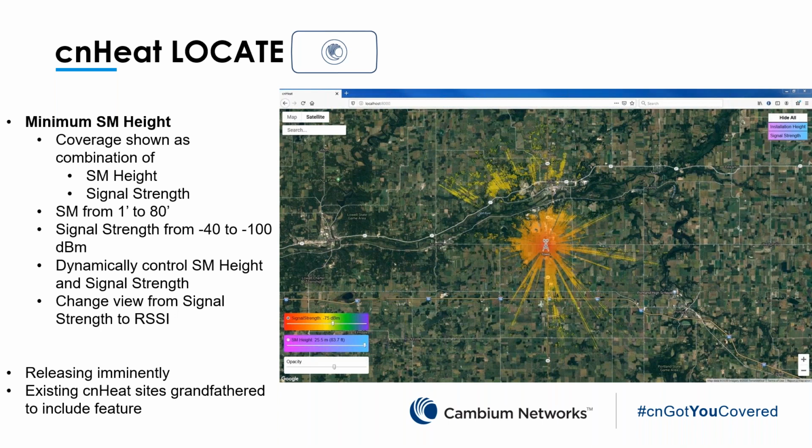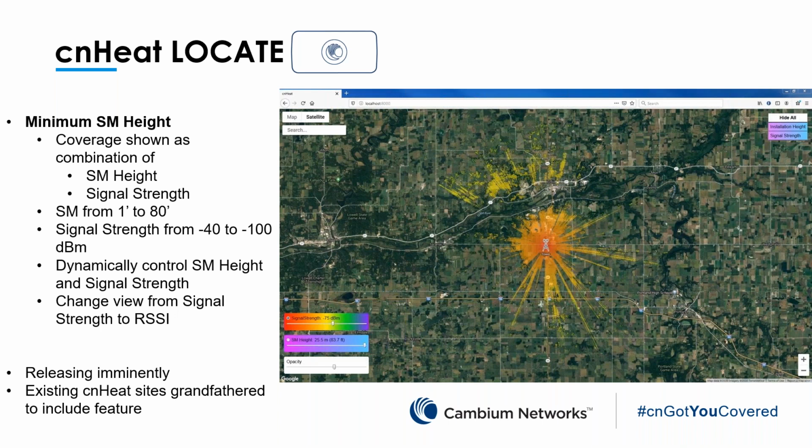With minimum SM height, we are enhancing the heat map that you get to basically show you it all. So instead of having two slices of a heat map of your choice, like 1 foot or 10 foot, now you can see every slice imaginable.